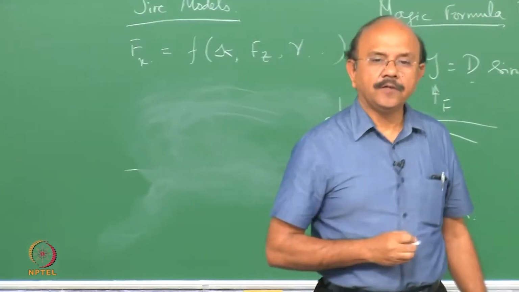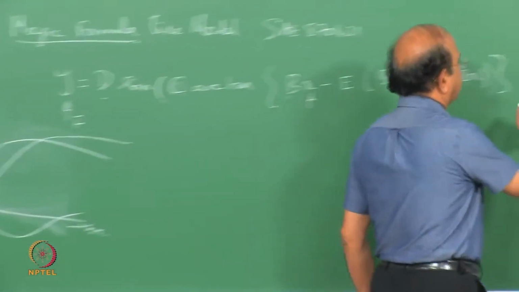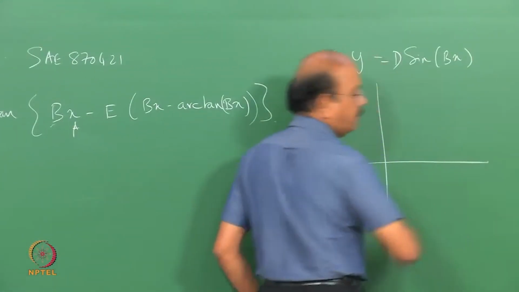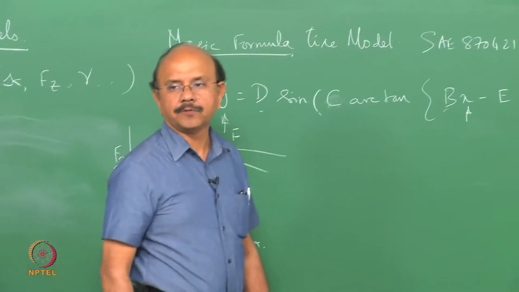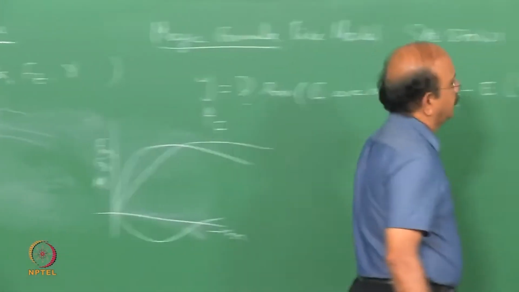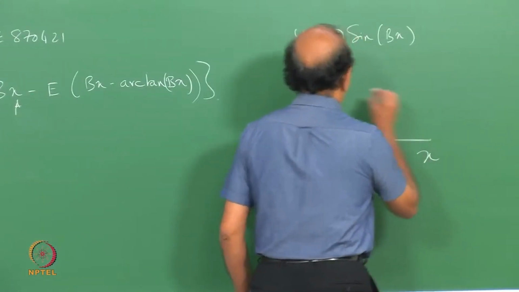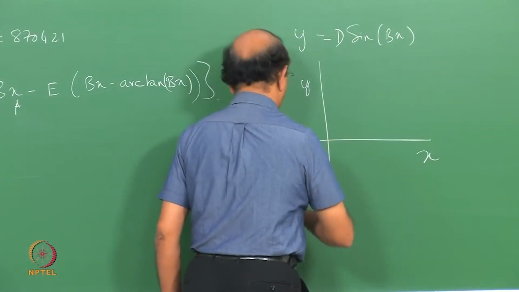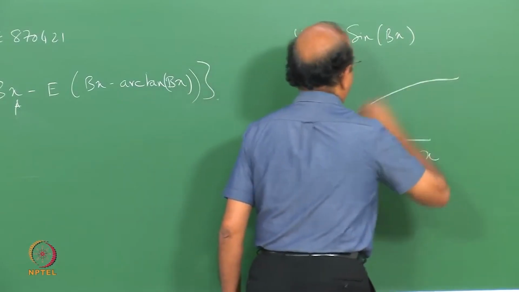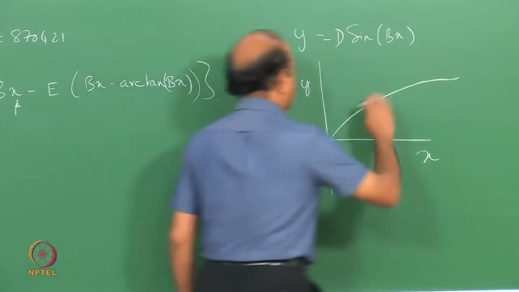Or in other words, if you now plot an arctan curve, extensively used in so many applications in mathematics, x versus y, the curve looks something like this.